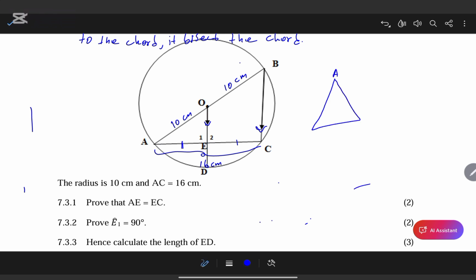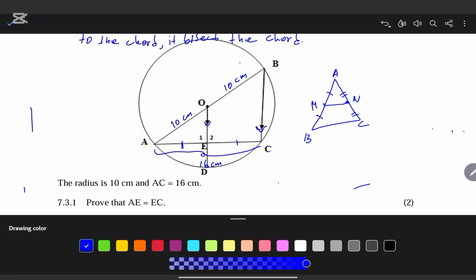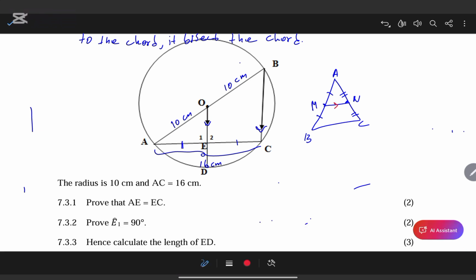If I've got triangle ABC here, and we've got a point here, I'll call this point M, and a point here, I'll call it point N. And there is a line joining these 2 points. If point M is the midpoint of the line AB, and N is the midpoint of the line AC, therefore the midpoint theorem says the line MN is parallel to the line BC.